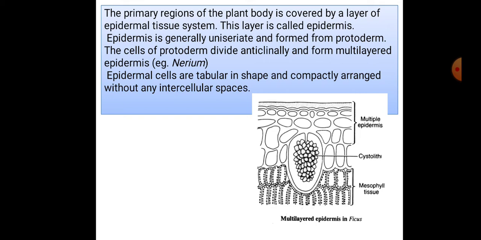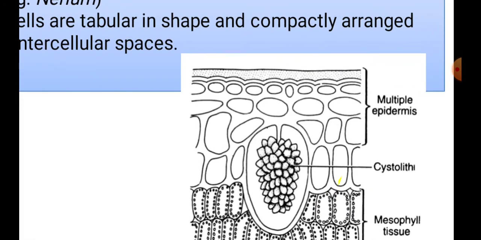Epidermis is generally uniseriate and formed from protoderm. The cells of protoderm divide anticlinally and form a multi-layered epidermis. Nerium is the best example where we find multi-layered epidermis, and in Ficus also, Ficus bengalensis, as shown in this diagram.